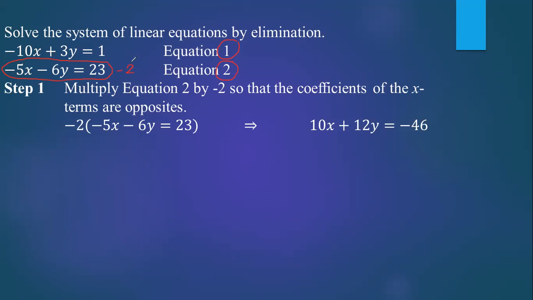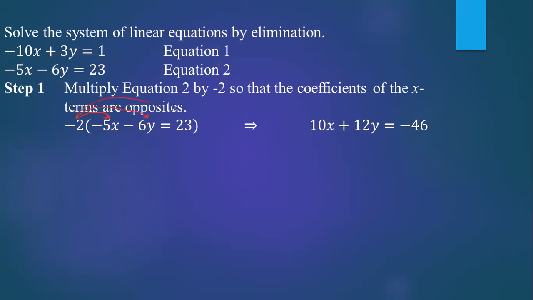But take note, we multiply all terms: negative 2 times negative 5x, negative 2 times negative 6y, negative 2 times 23. Again, we multiply all the terms in that equation. Since we use equation 2, we multiply all the terms in equation 2.